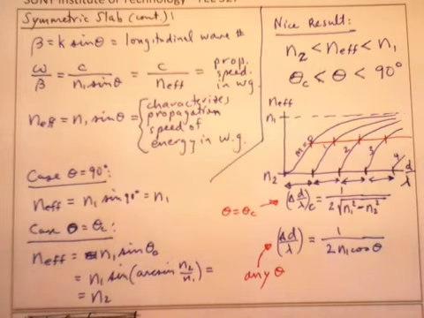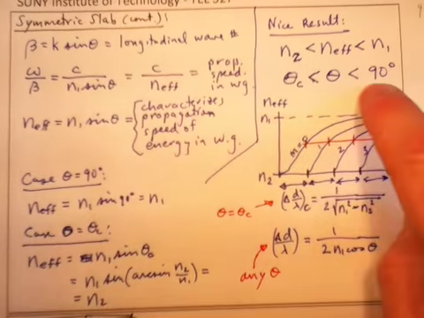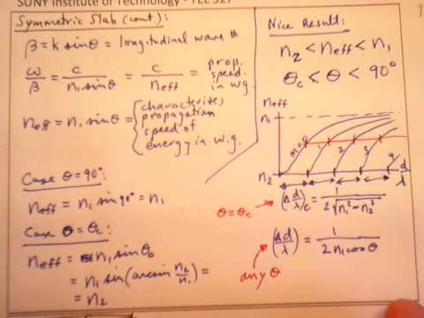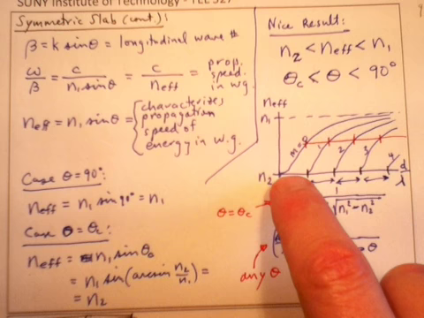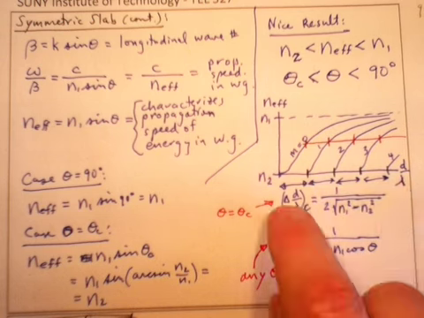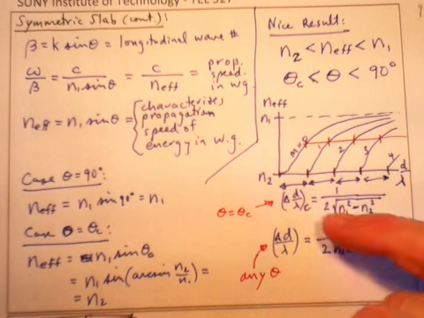Okay, continuing with the discussion on the symmetric slab. What we've done so far is we've arrived at our mode field plot, which includes the N effective, and it also includes the spacing between the mode curves, not only down at the critical angle, but also for any theta.